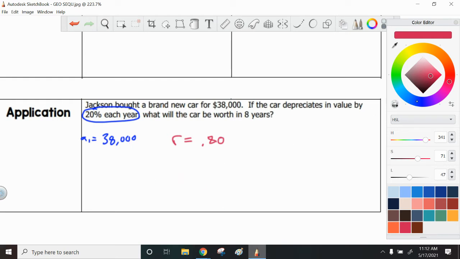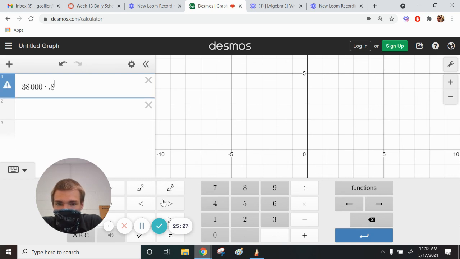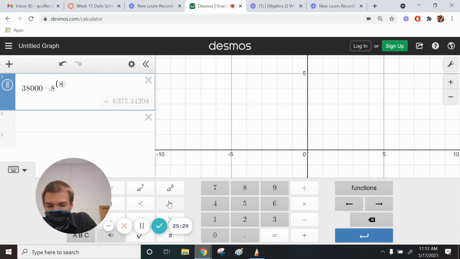Or I could use my formula. My formula would say that after the 8th year, my car should be worth the first term times the ratio, which we've decided is 0.8, to the power of 8 minus 1. And so to use my formula, that would be 38 times 0.8 to the power of, parentheses, 8 minus 1.